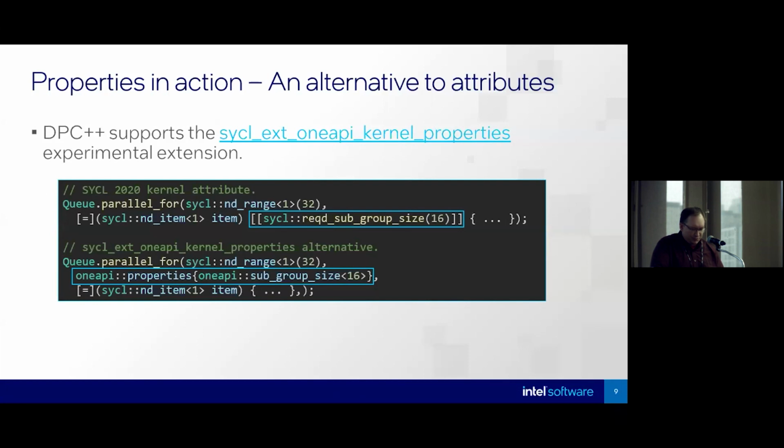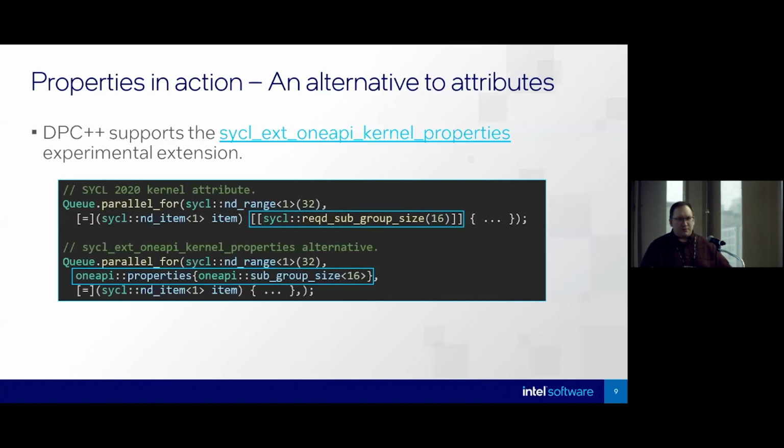So this is one of the pieces of secret sauce here. I can show some examples of what I was just describing. We've defined several extensions in DPC++ that take advantage of this. In this case, we have a kernel properties extension that defines a bunch of new properties to represent several things that previously we had to represent using these attributes. One of the things I mentioned was required subgroup size. Previously, if you wanted to launch a kernel and say that it needs to have subgroups of size 16, it would look something like this, which is okay.